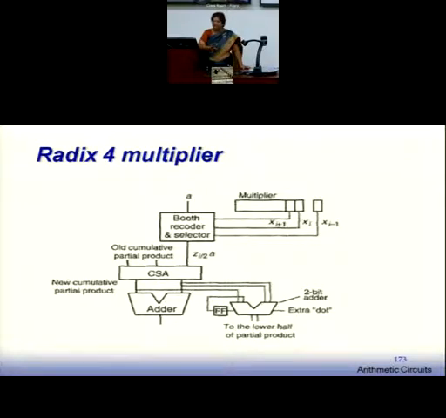So arithmetic functions, which are basically multiplication and addition, are actually the base of any arithmetic operation, and they are repeatedly coming. So if you make them fast, that gives you a cumulative impact when you go for any other arithmetic operation.